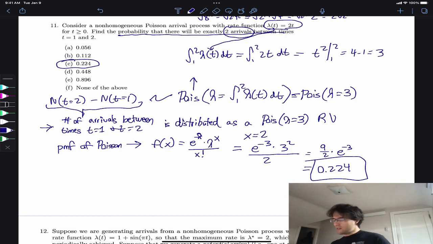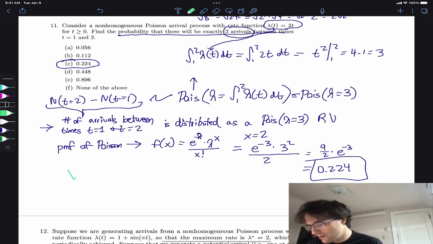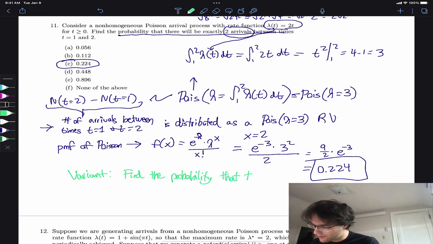One thing I will point out is that there is a variant of this problem. A variant would be something like: find the probability that there will be at most 2 arrivals between times t equals 1 and 2.